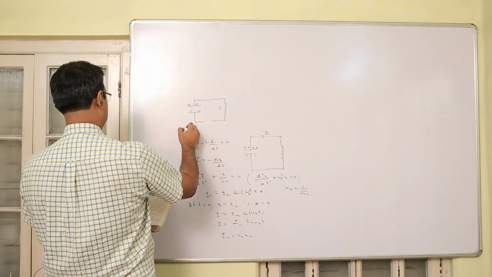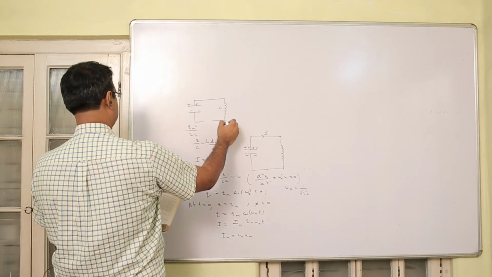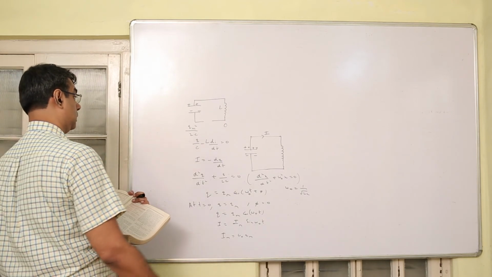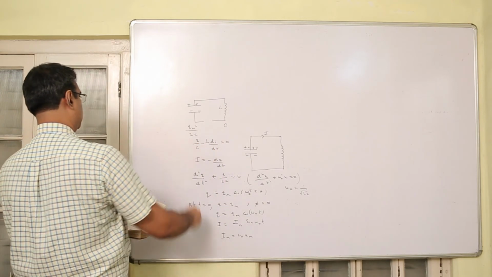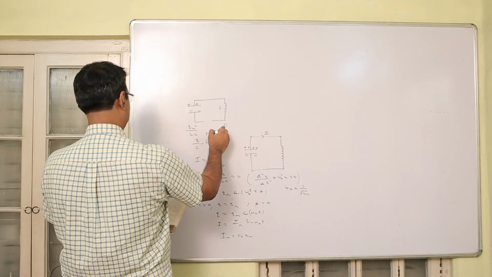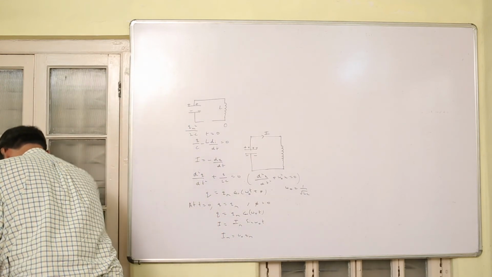So the current in the circuit will be 0. The energy of the inductor will be 0 and the energy of the capacitor will be Qm square by 2C. So let this be the situation at time 0.